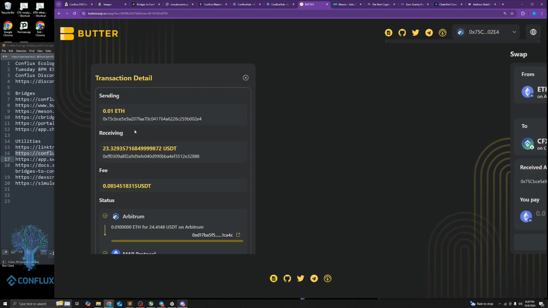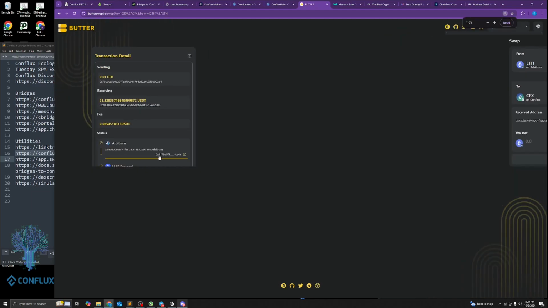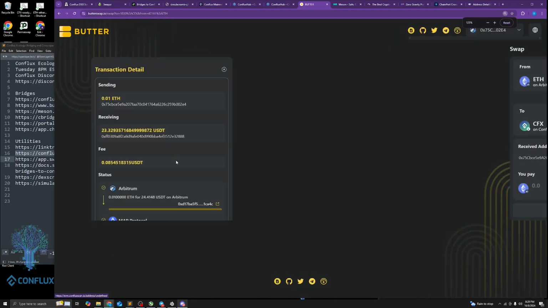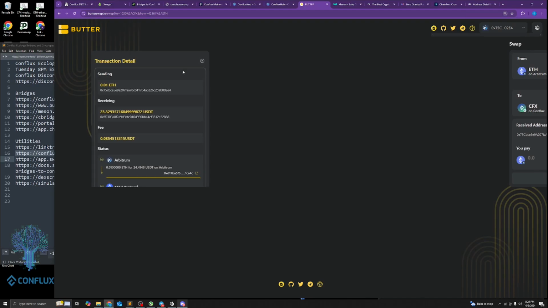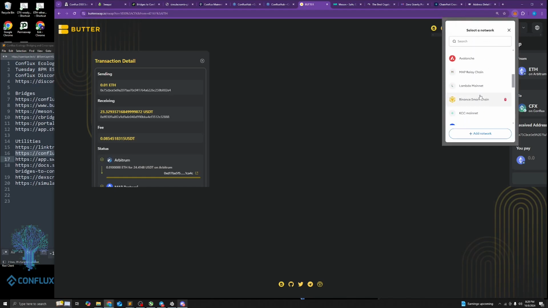And if I go to the record, it'll give me, okay, through Map Protocol. Again, I think there's a little bit of CSS that needs work, but if I go to MetaMask, go to Conflux.